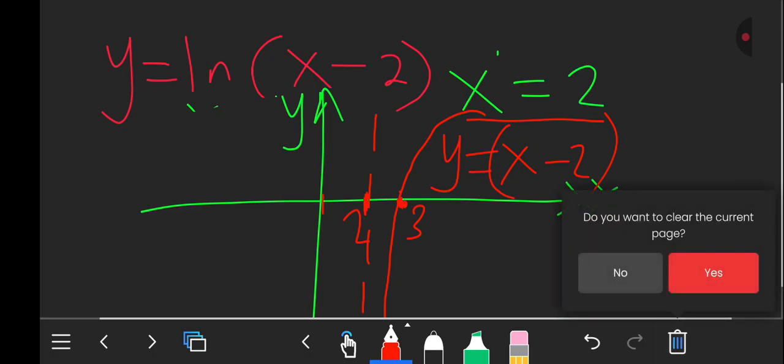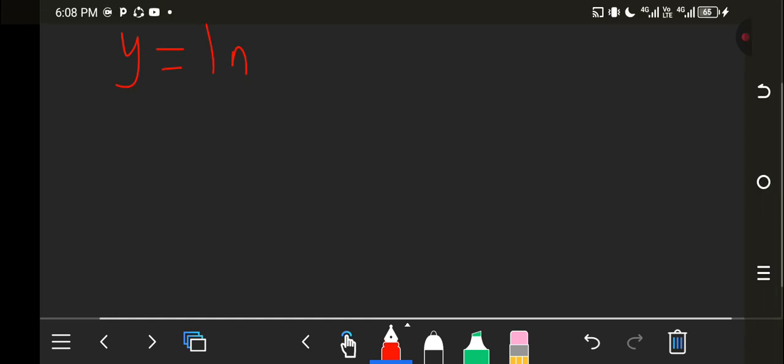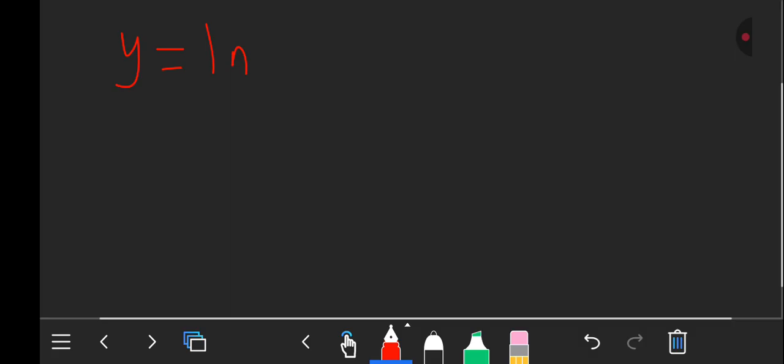Let's look at another one. What if you have, let's say, y is equal to the natural log of 2x plus 6? How can you sketch this? You need to evaluate first what is in the bracket.